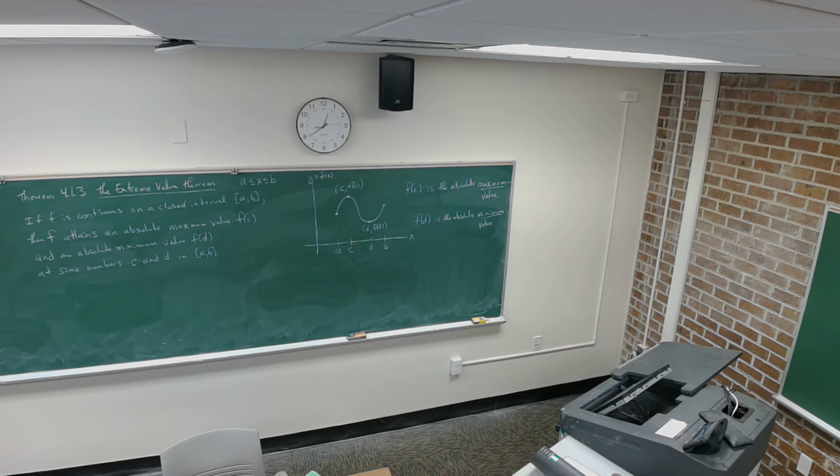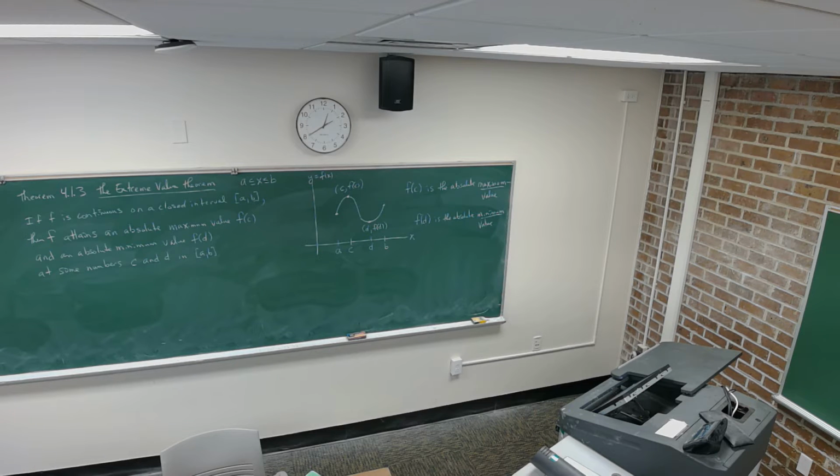The definition for an absolute maximum, the first one we put up, was: pick a point called c, f of c has to be greater than or equal to f of x for all values of x near c.